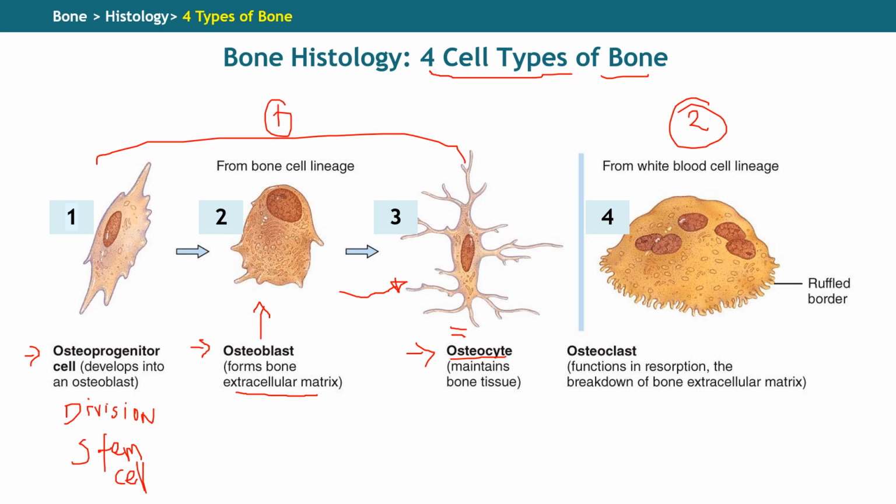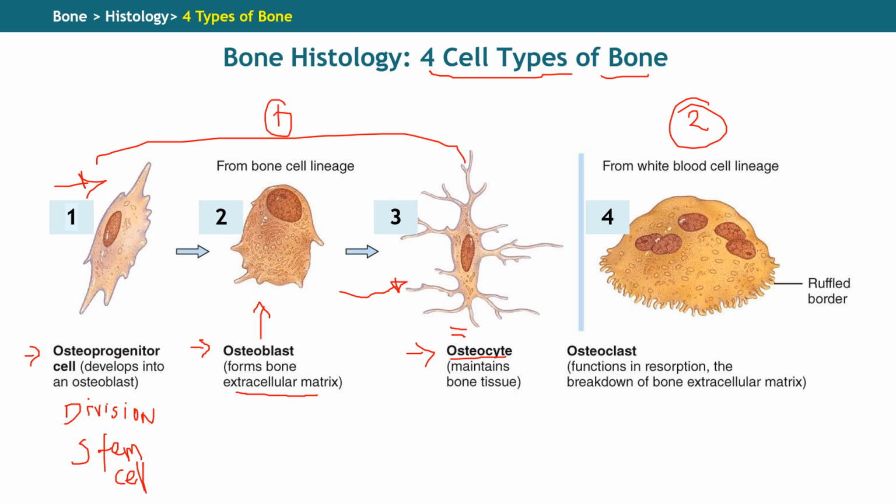Okay, and so all these three, as I repeat, come from a mesenchymal cell that has a fibroblast look, that is the osteoprogenitor, and there's a series of events that end up forming the osteoblast and the osteocyte. However, the second group of cells, they don't come from these osteoprogenitor cells.